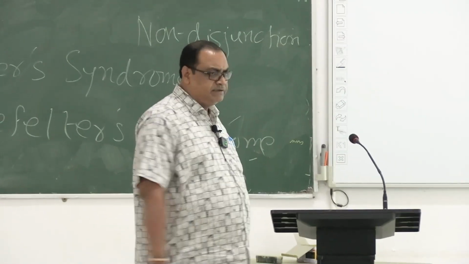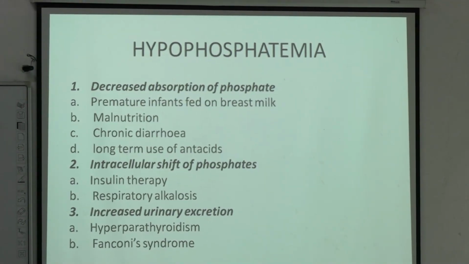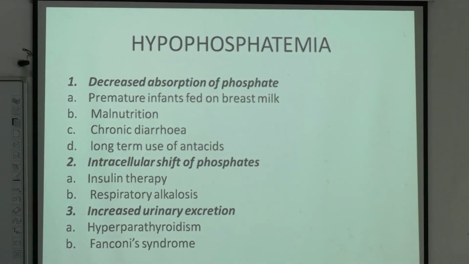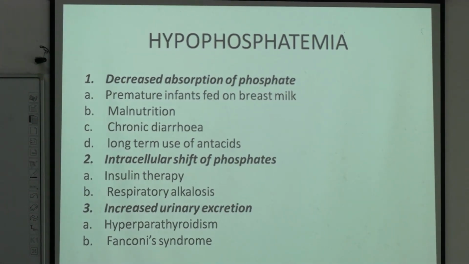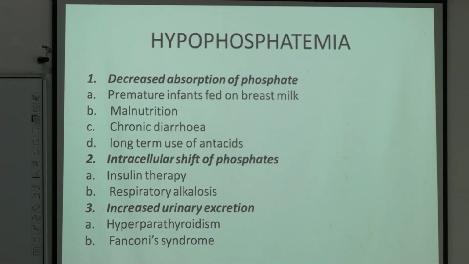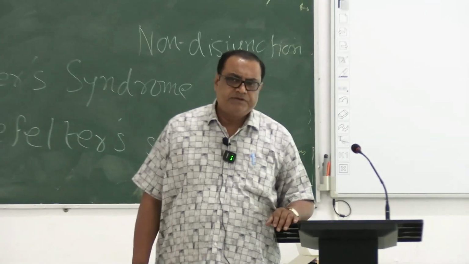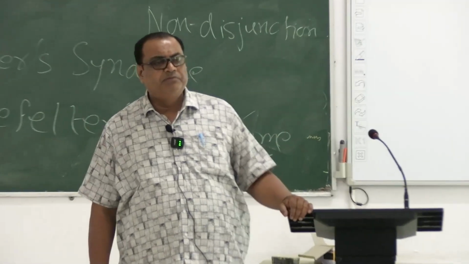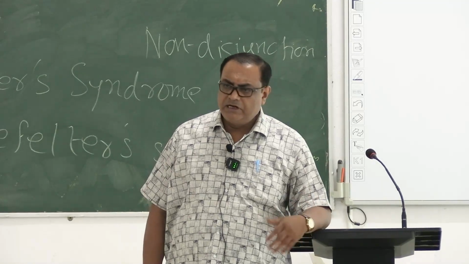Respiratory alkalosis. What is the mechanism behind this? Can anyone tell me? Why is there hypophosphatemia? What happens in respiratory alkalosis? In respiratory alkalosis, the counter mechanism is through the kidney, the renal mechanism.